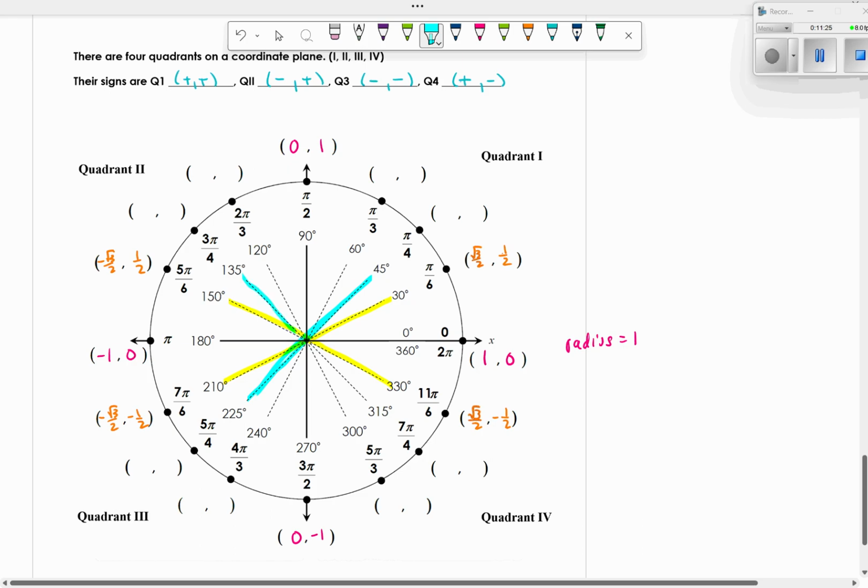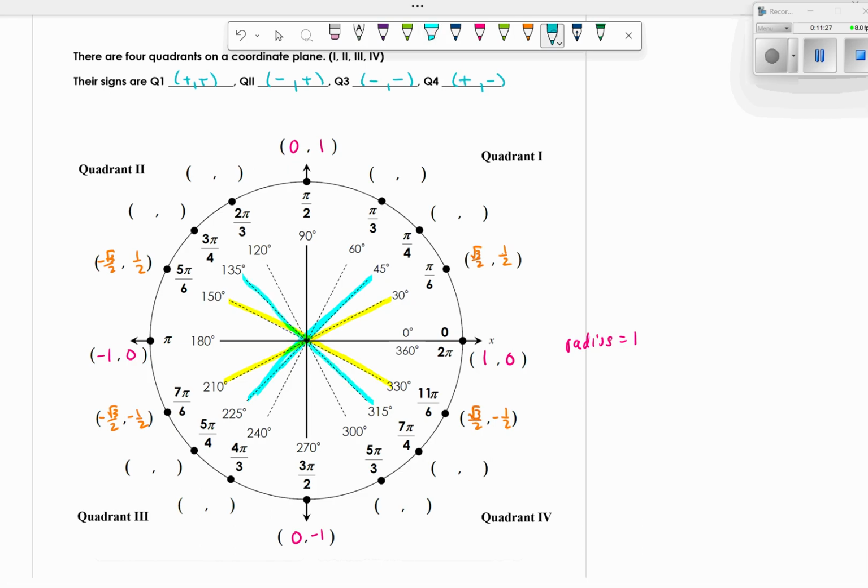So all these middle ones are going to use the same point, root 2 over 2. So here, this would be positive root 2 over 2, positive root 2 over 2, and then negative and negative, and then positive and negative.